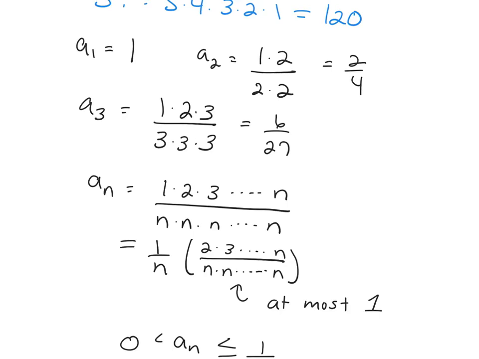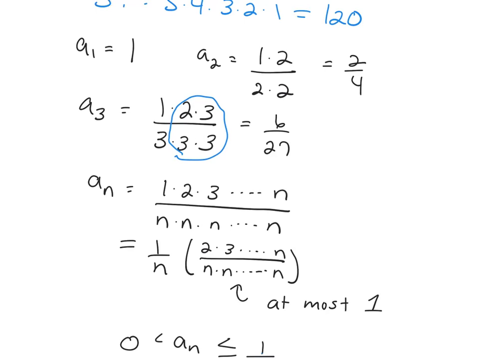Look at A3 here. What's in parentheses is this part right here. That 2 versus that 3, the numerator is now guaranteed to be smaller than the denominator. And when you divide a smaller number by a bigger number, it's less than 1.